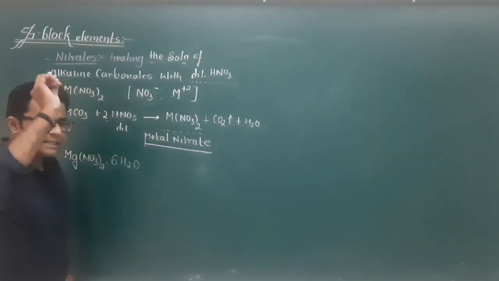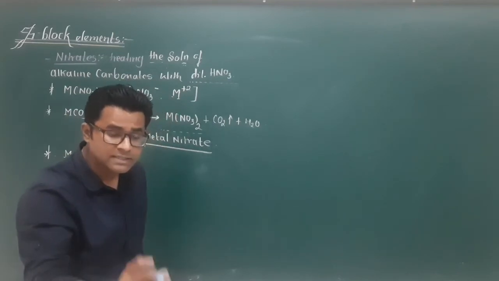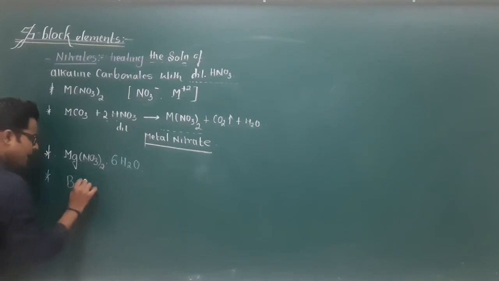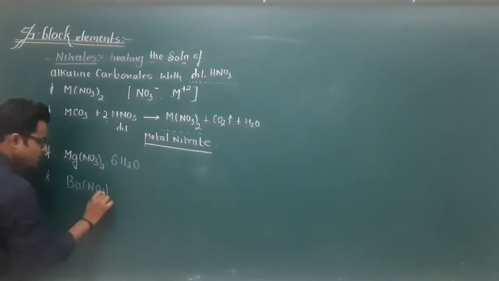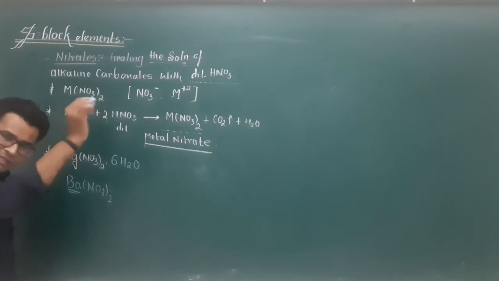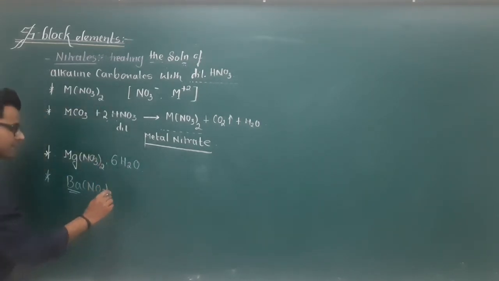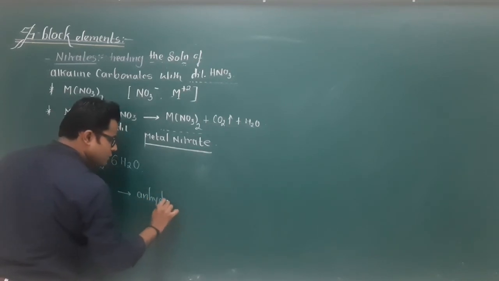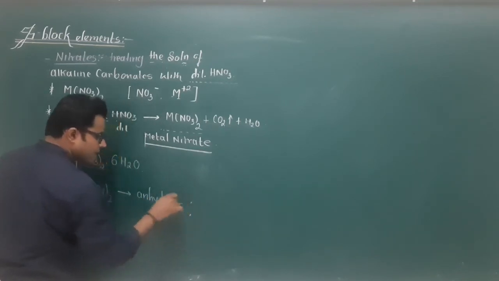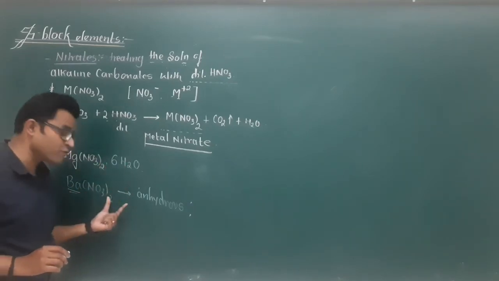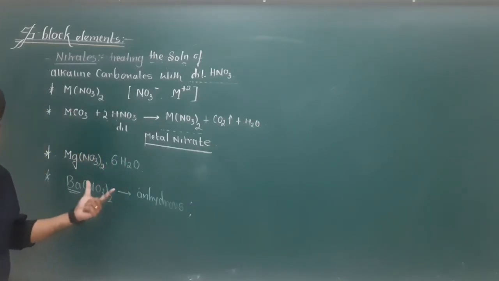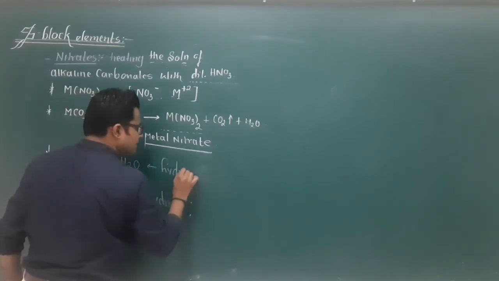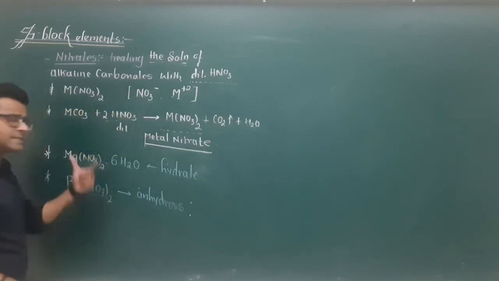While if we look at Ba(NO3)2, that is barium, the end element of the series, this is in an anhydrous condition. Anhydrous means there is an absence of water molecules in this compound, whereas there are a lot of water molecules in the starting elements of this series.